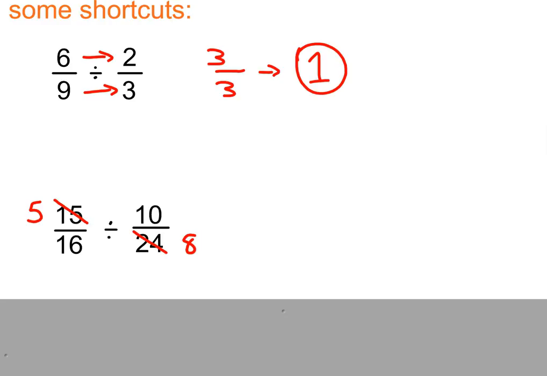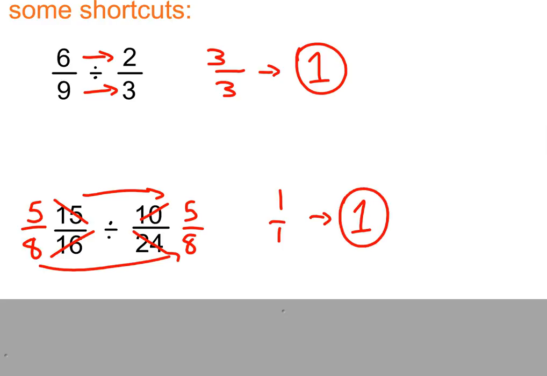Looking at the 10 and the 16, those also have a 2 in common, giving us 5 and an 8. So we have the fraction 5/8 divided by 5/8, giving us 5 divided by 5 is 1, and 8 divided by 8 is 1, giving us the nice answer of 1.